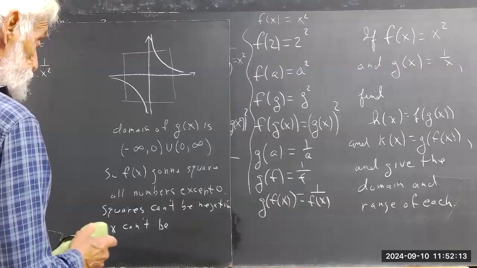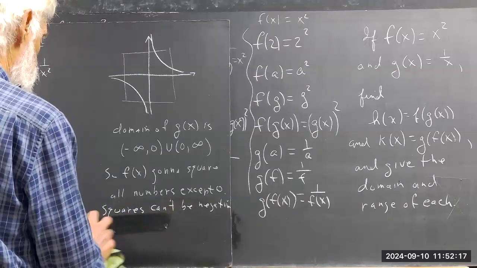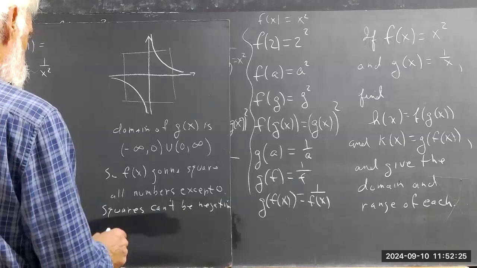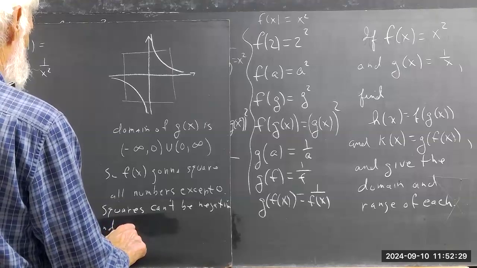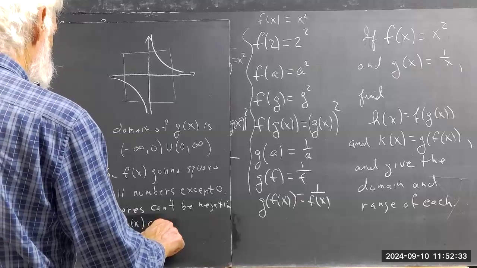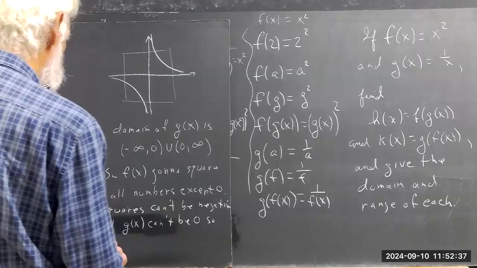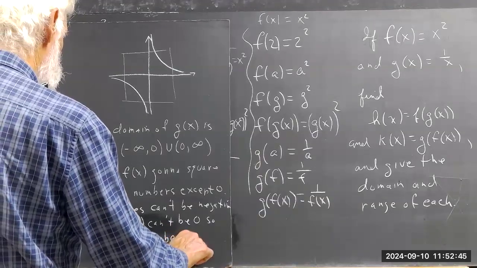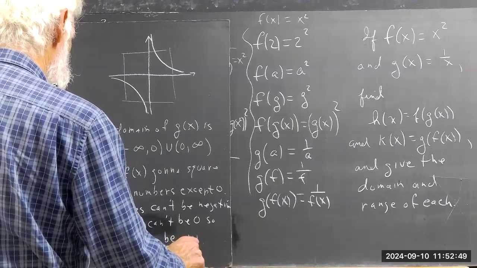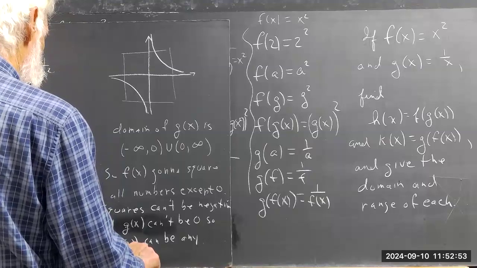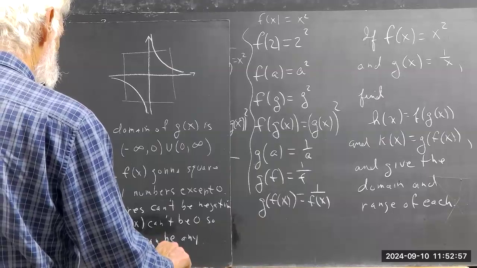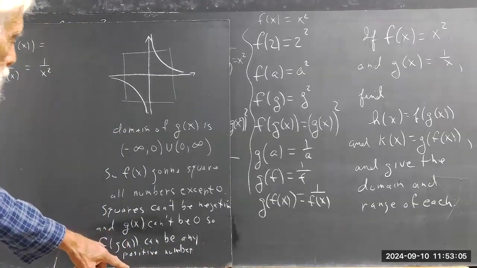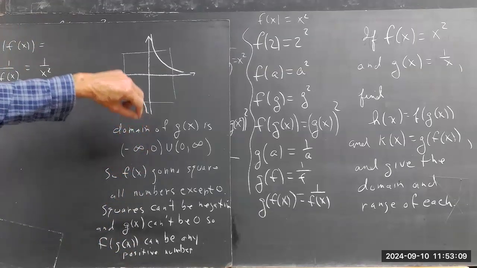There's another connection there. g of x can be any number except zero, okay?